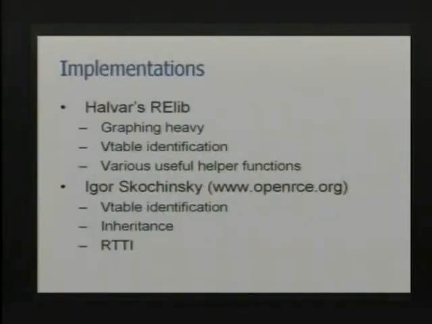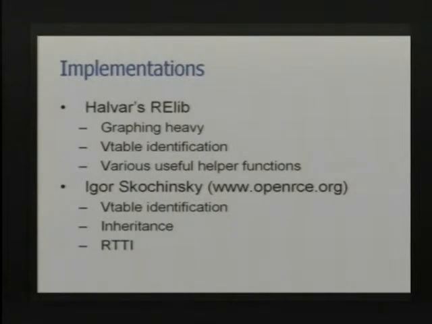So, some different implementations. Halvar released a library in Python. I think it's called relib. I think there are five files in there, and most of it is about graphing: splitting up different functions and disassembly to display. There's a little bit of stuff in there for vtable identification.